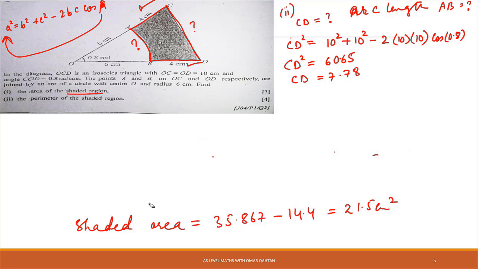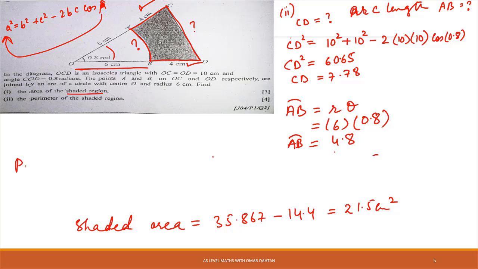Now for finding the arc length of AB, the arc length of AB will be equals to r theta, and r is 6 over here, and this theta is 0.8, so arc length would be 4.8.